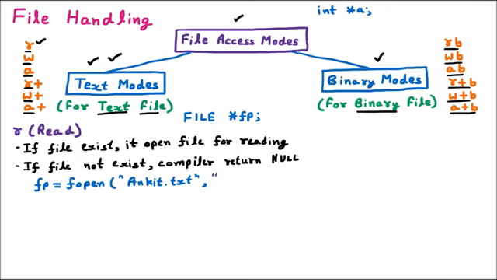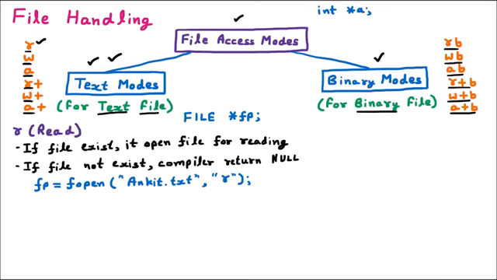Inside the double quotes, we are going to provide the mode, which is R. So here R signifies it is the read mode. So here we are opening the file ankit.txt in the reading mode, and if the file exists, it will open it for reading. If the file does not exist, it will return the null pointer. So inside the fp there will be null.